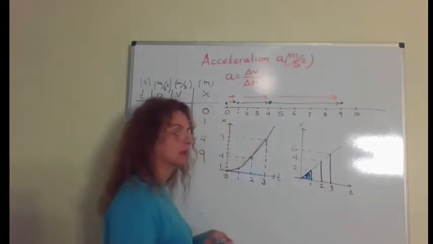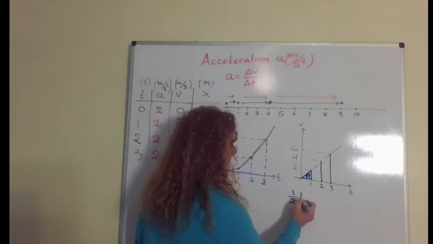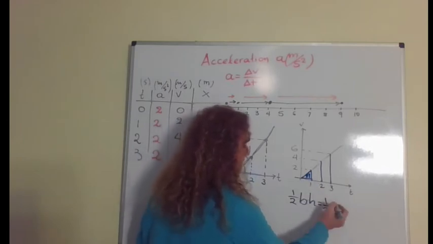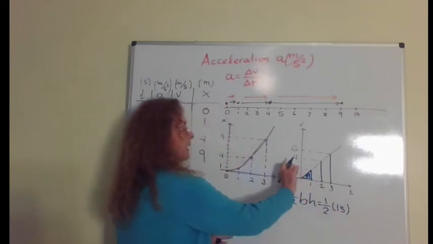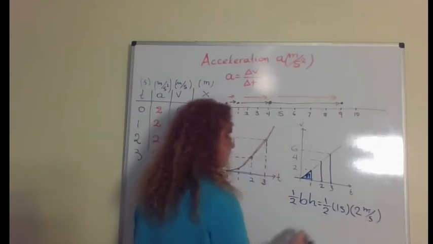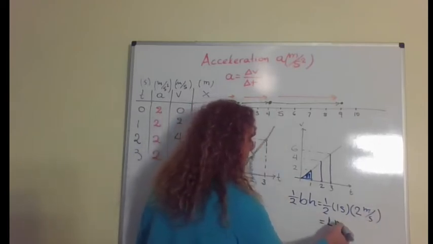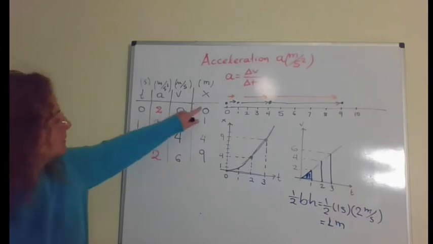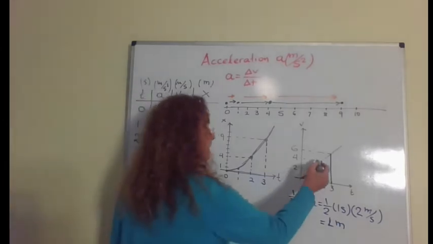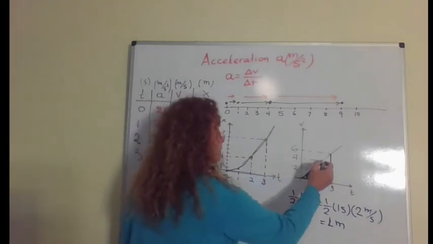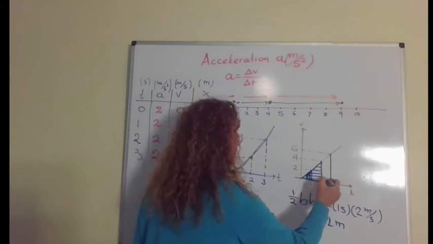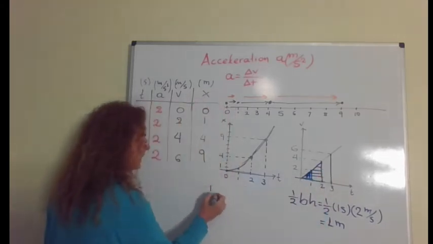It's a triangle, so it's half base times height. So half the base is 1 second. The height is 2 meters per second, which gives me 1 meter. So the distance traveled in the first second is 1 meter. Going to the next, if I do the first 2 seconds, this triangle instead, I would need to do half.